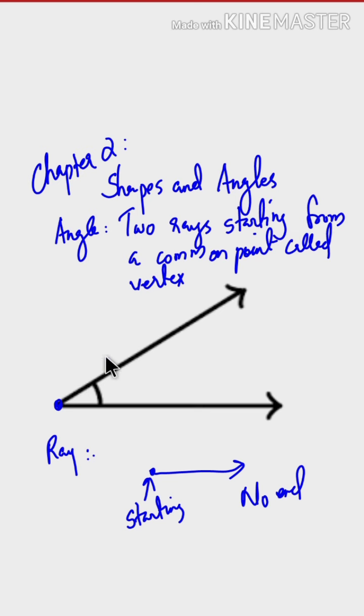So this is ray 1, this is ray 2. This line is called ray 1, this line is called ray 2. So an angle is got by joining two rays, or these two rays are started from a common point called vertex. So this common point is called vertex. Okay.